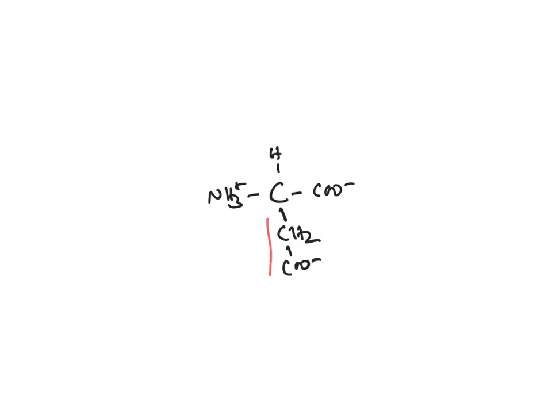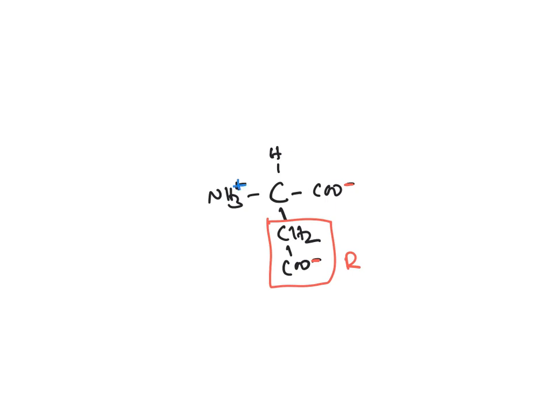Now see the change here. The R group, that is the CH2COO minus, has a negative charge here, and also there is a negative charge on the primary carboxyl group, compared to the positive charge that is present on the amino group.